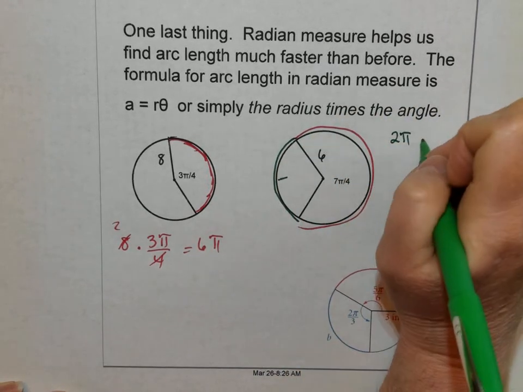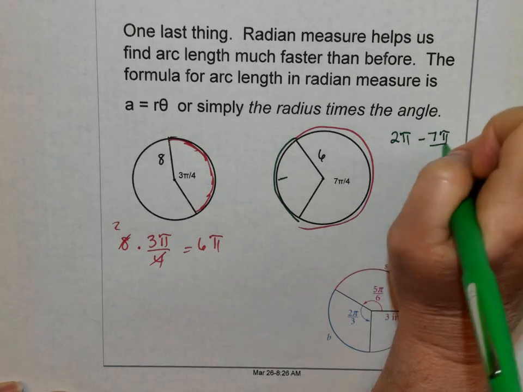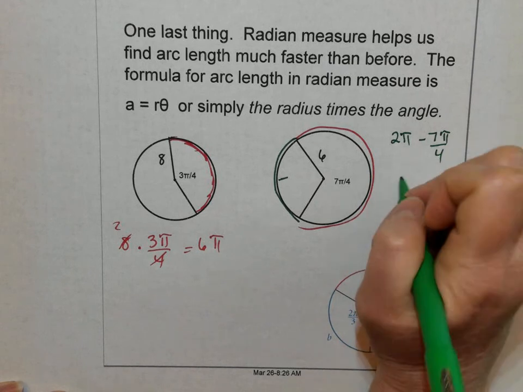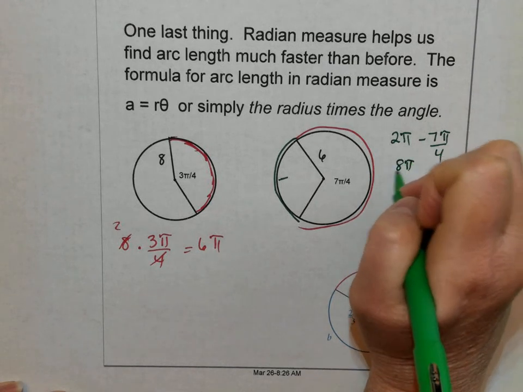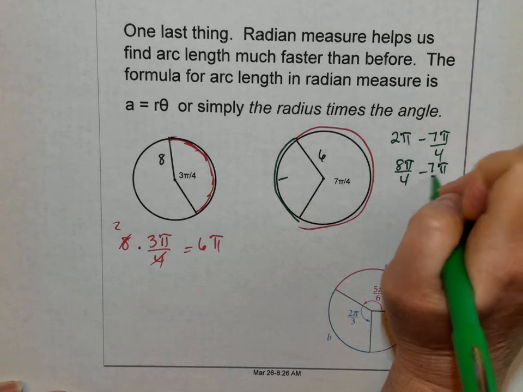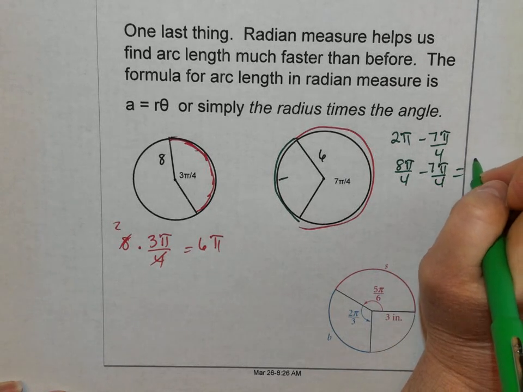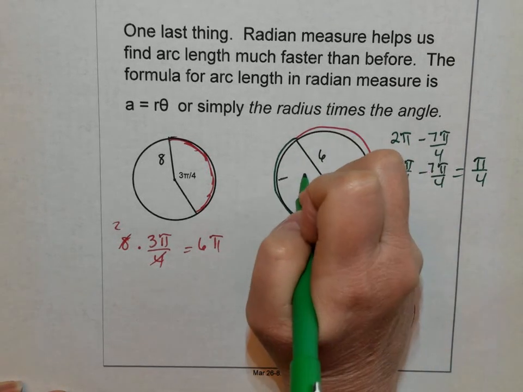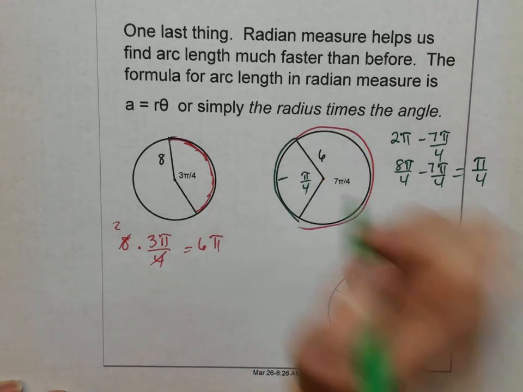And I take away 7 pi over 4. Well, 2 pi is 8 pi over 4. So 8 pi over 4 minus 7 pi over 4 would be pi over 4. So this angle measure is pi over 4.